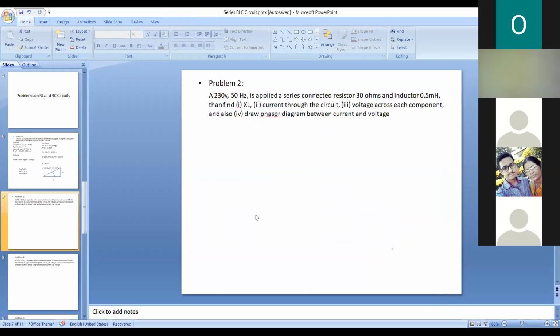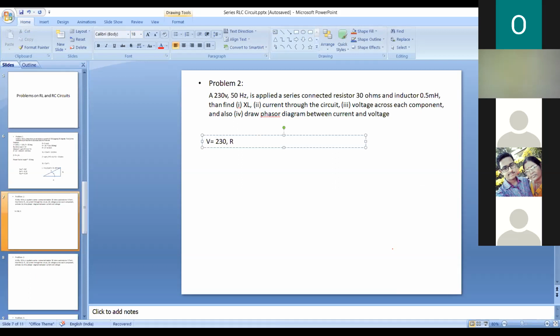Okay. Now let's try solving problem number 2. Quickly, you can go through the problem and make an attempt to solve. First, write down the given data. So it says V is equal to 230 V and is applied to a series connected resistor and inductor, right?